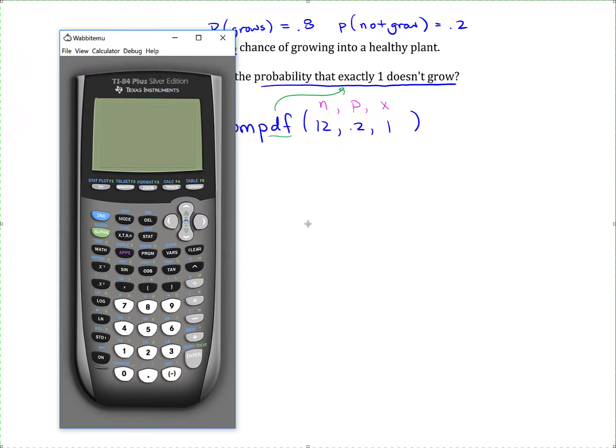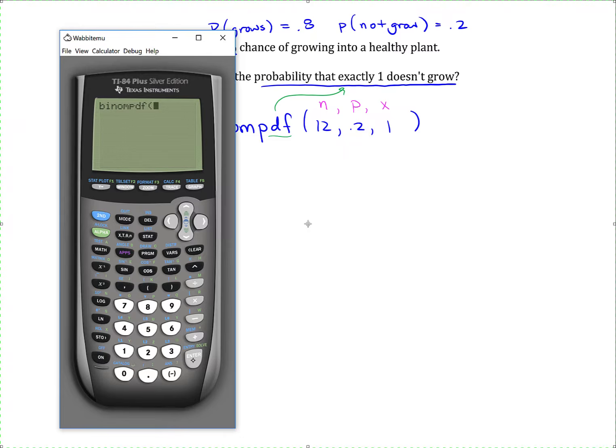If I put this in the calculator, go to the second VARS key, which brings us to the distributions menu, and then come down to where we find binomial distributions. Notice there's Binomcdf and Binompdf.